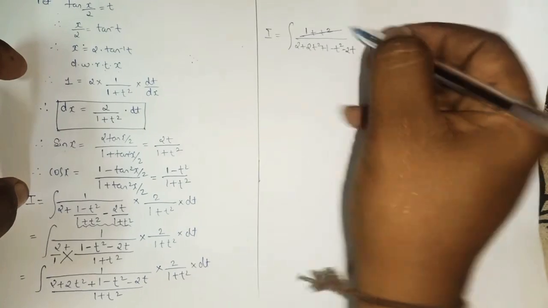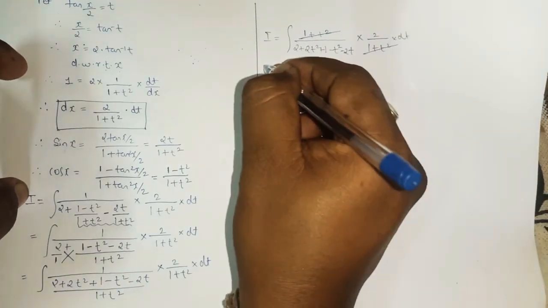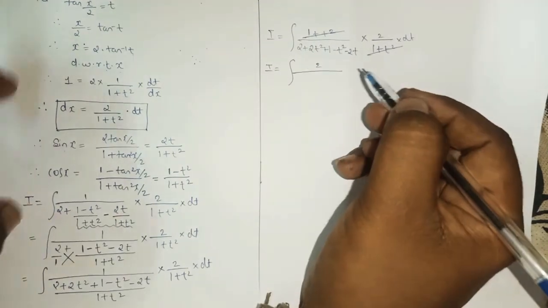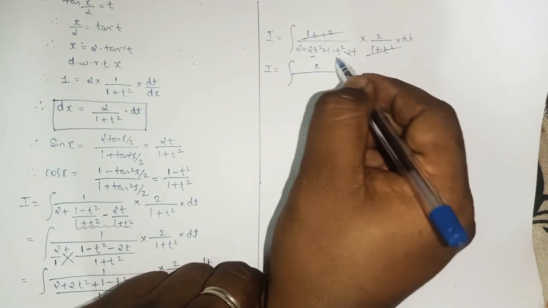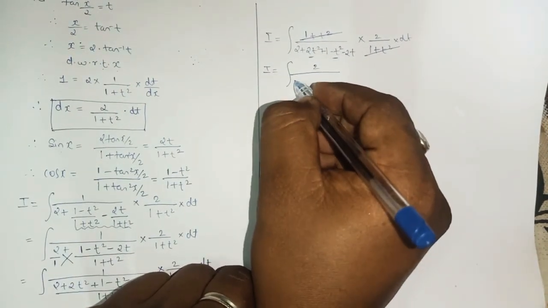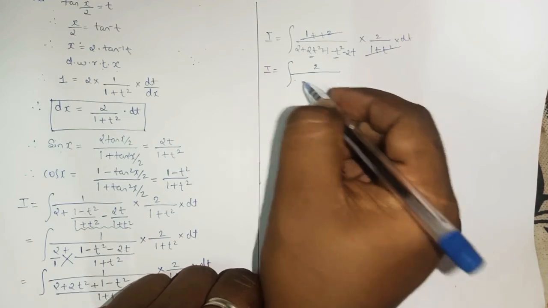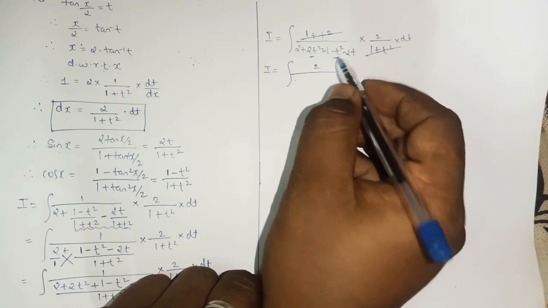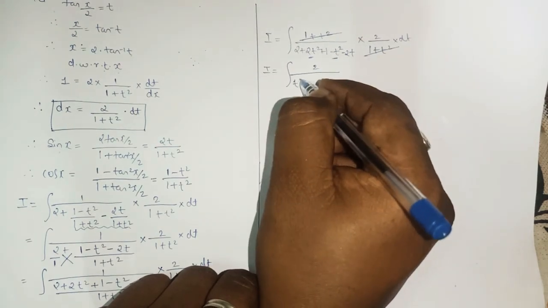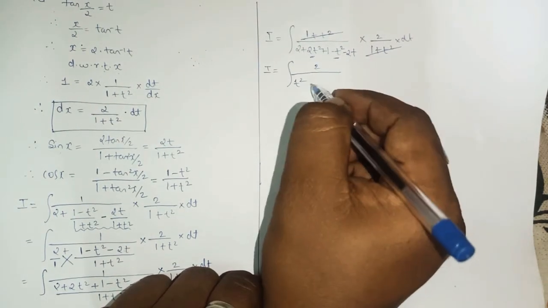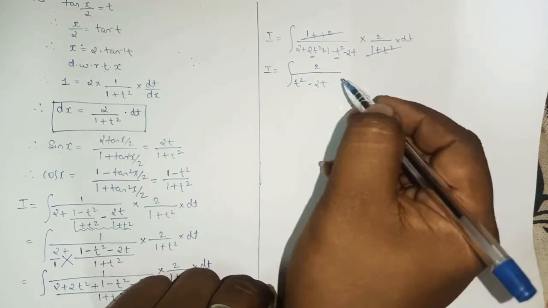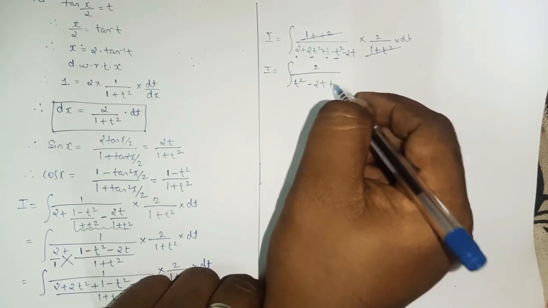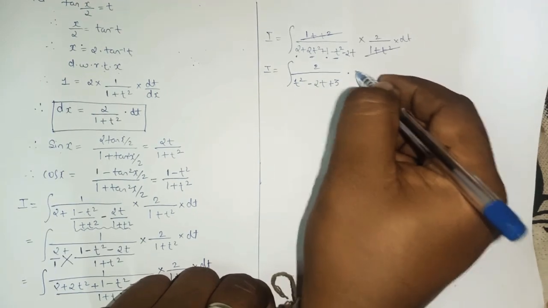So here clearly we can see that 1 plus t square is common. So I will be equals to what? 2 upon, as here we have the like terms, so this we can write as what? 2t square minus t square is t square, yes or no? Then after that we'll write 2t, and here 2 plus 1 will be what? 3 into dt.